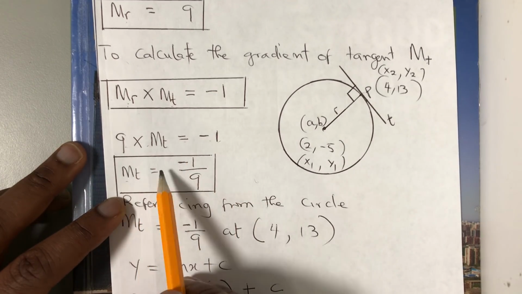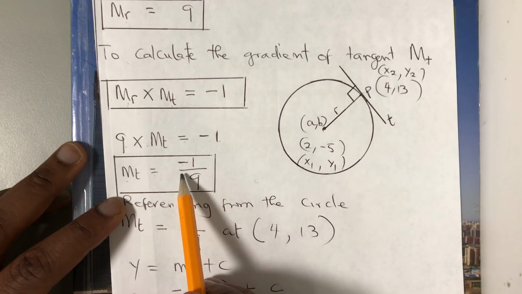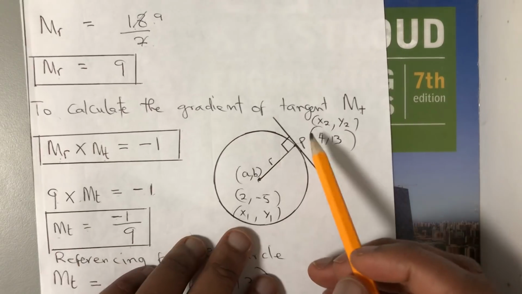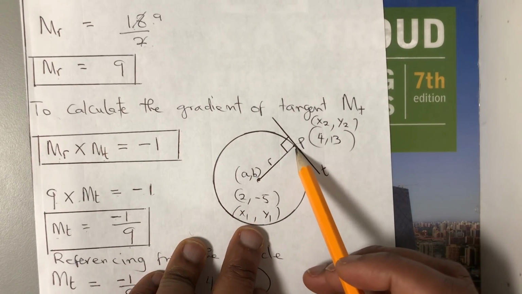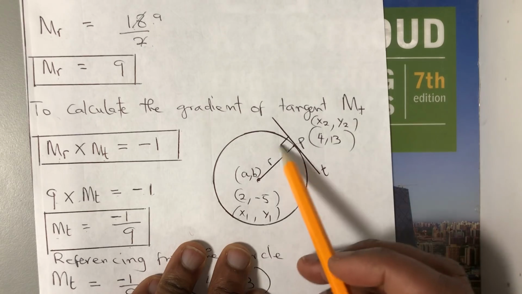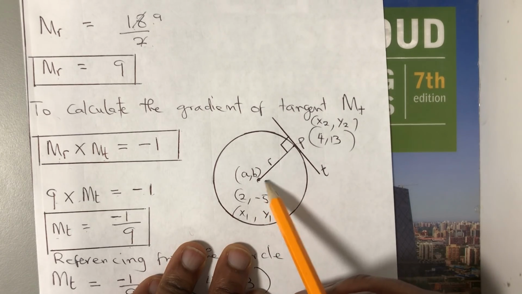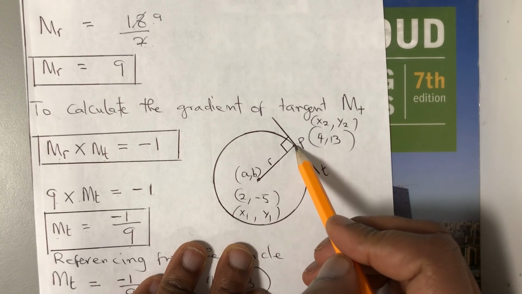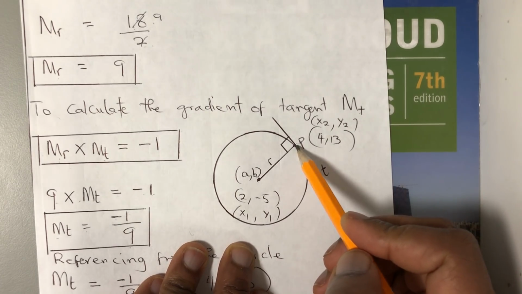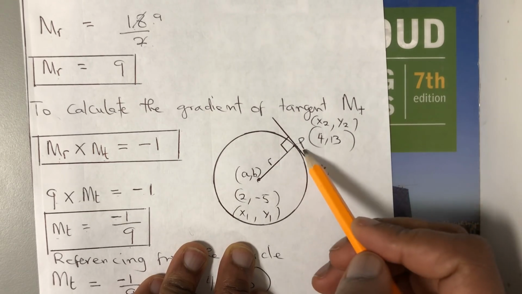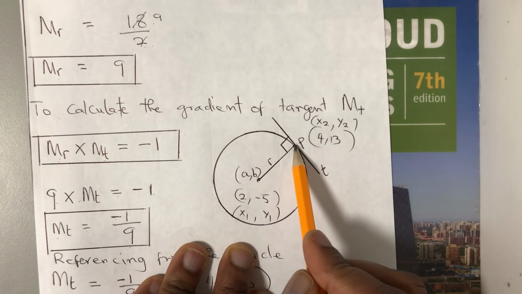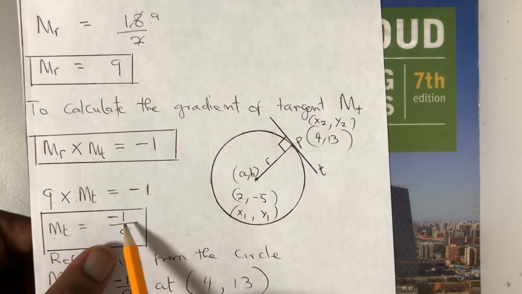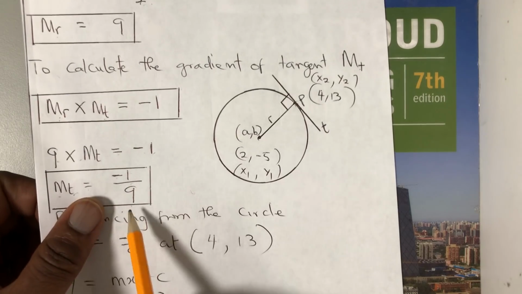Therefore, MT will be minus 1 over 9, which also explains to us that our tangent to the circumference of our circle, at P over here, has the gradient MT equals minus 1 over 9.